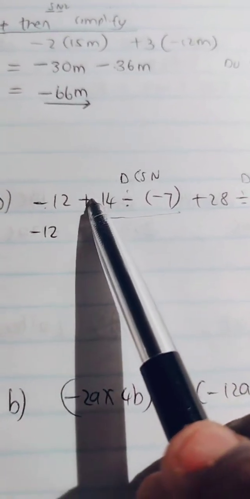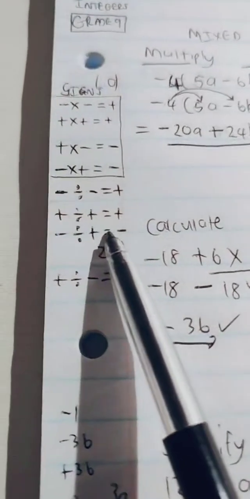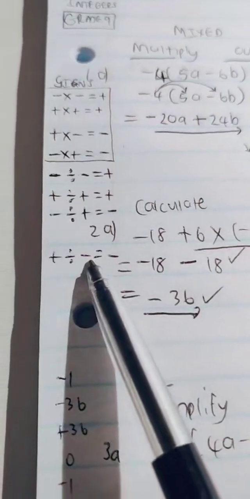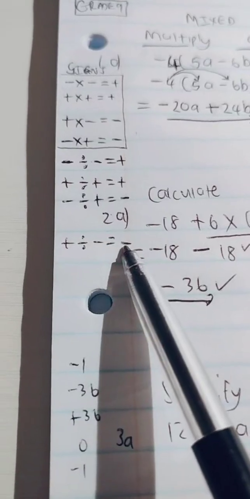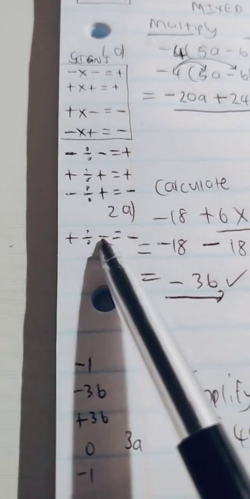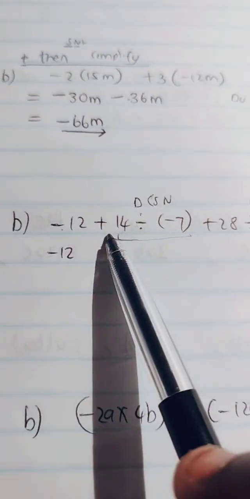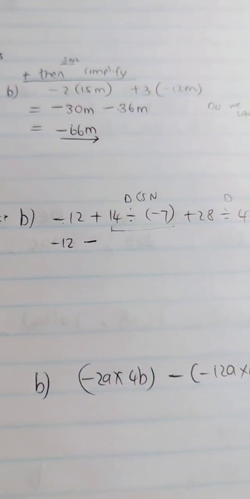That's why I say positive divided by negative. Let's go to the division sign rules. What does a positive divided by a negative give us? A positive divided by a negative gives us a negative sign.